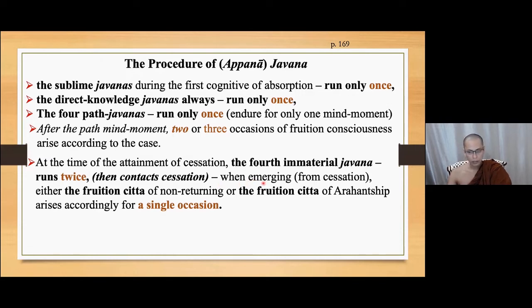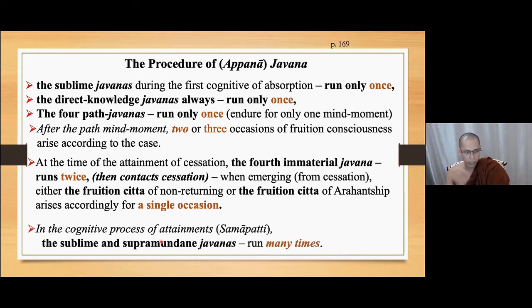So when it restarts, the fruition citta, the fruition of non-returning or of arahatship, arises for a single occasion. After that, it continues another time. In this way we understand how the Anagami and Arahat enter the jhana, and we can point out the process happening in this way.